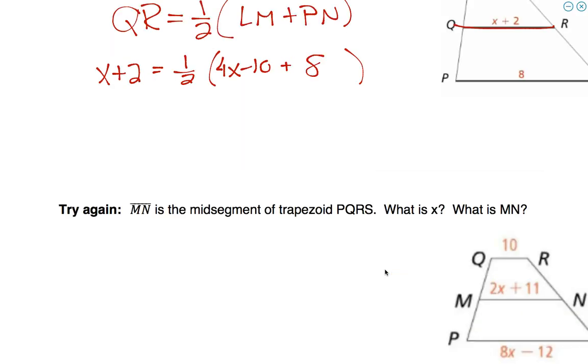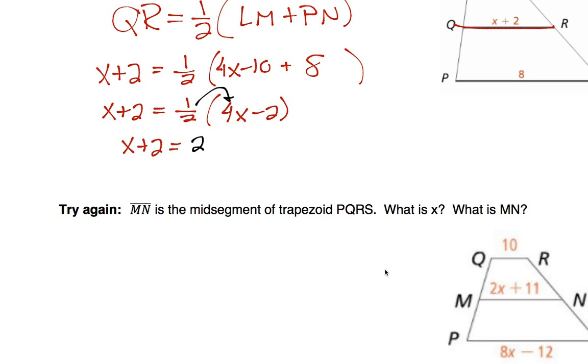Just take your time with this. Do what's inside parentheses first. Distribute that 1/2. That's going to give you 2x minus 1.